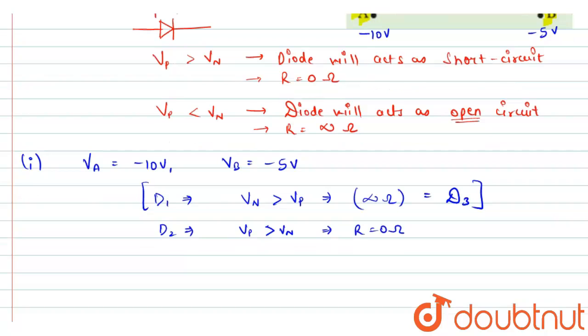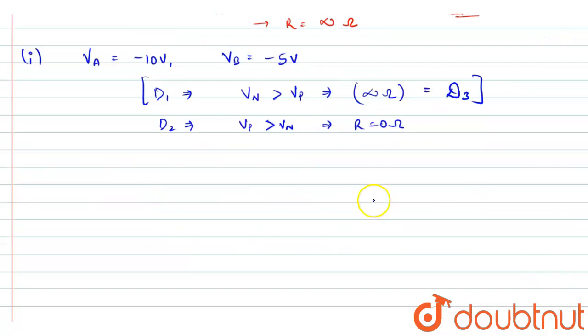Now if I draw the circuit diagram again, we have this resistance, that is R by 4 ohms. Further we have three branches. Branch 1 is infinite, connected in series with R ohms.